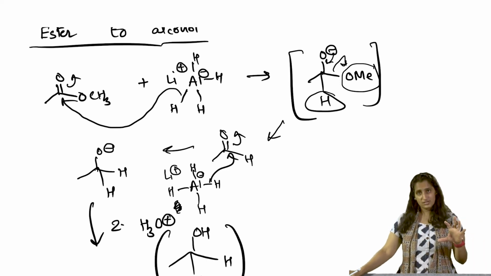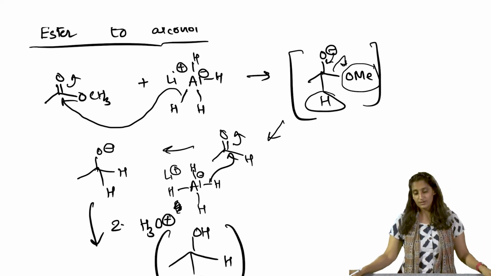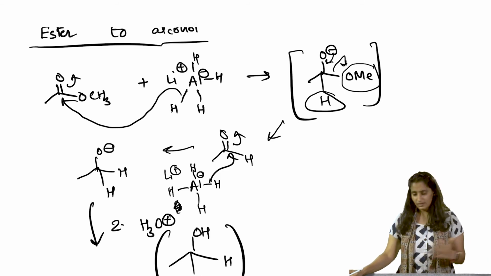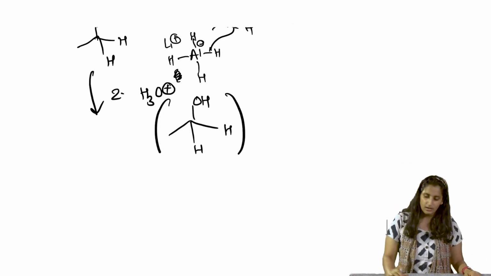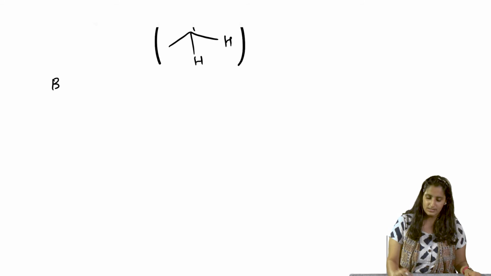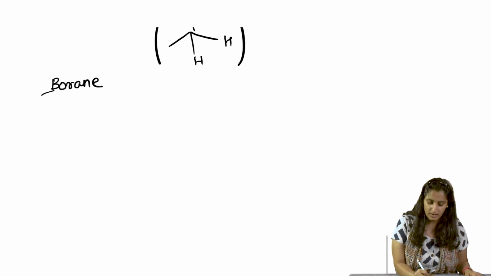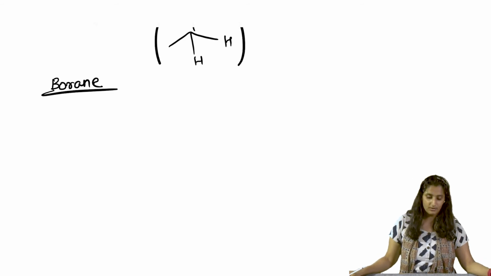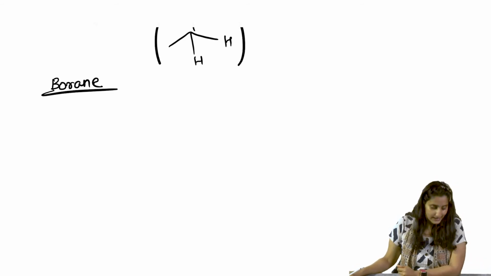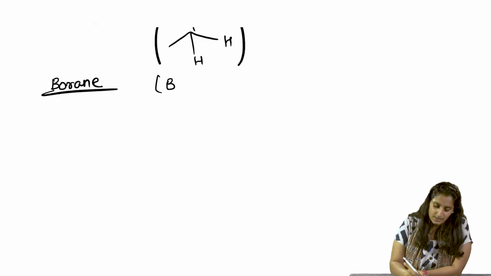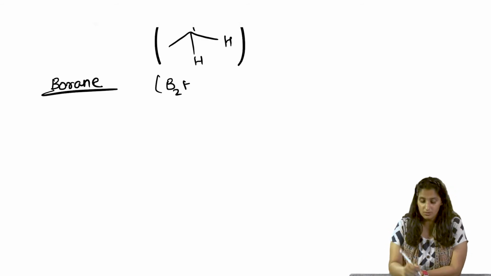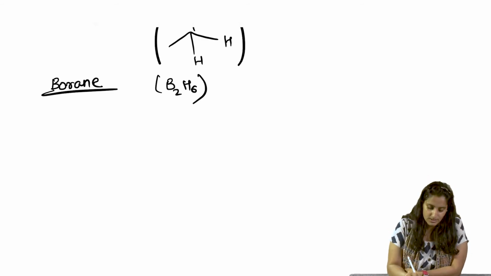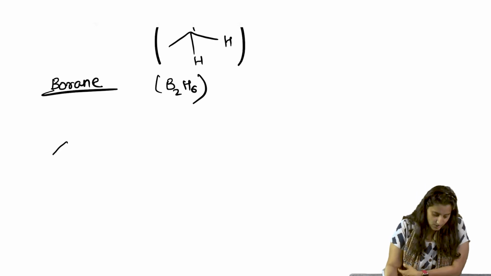We use milder reagents like NaBH4 for reducing the ketones and aldehydes. The other reducing agent I want to discuss is borane. So, borane, we have looked at it when we were doing hydroboration and oxidation in the case of alkenes. Now, here borane as a reducing agent, borane is BH3 or it exists as B2H6, we know, and let us look at the mechanism.